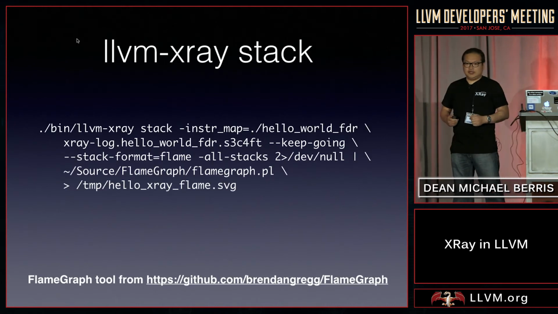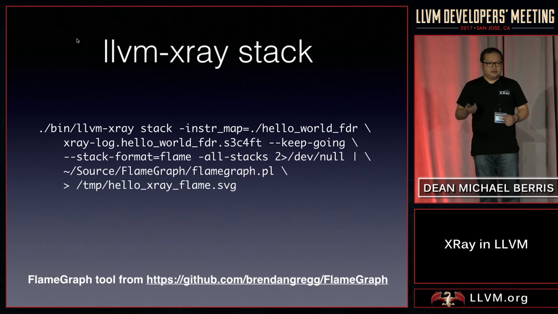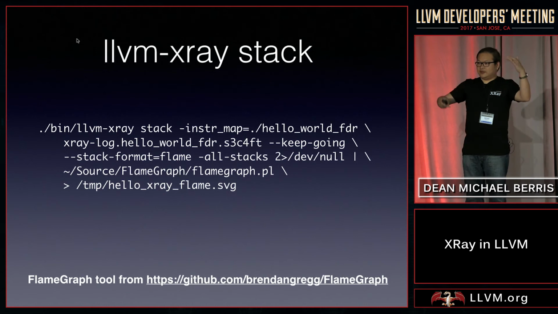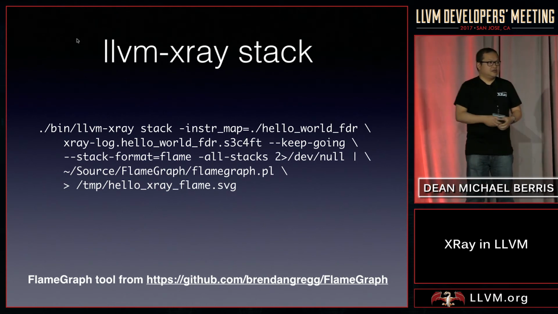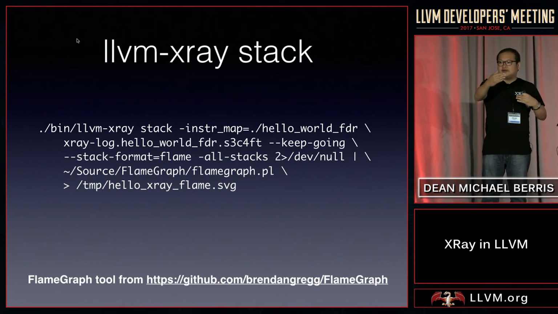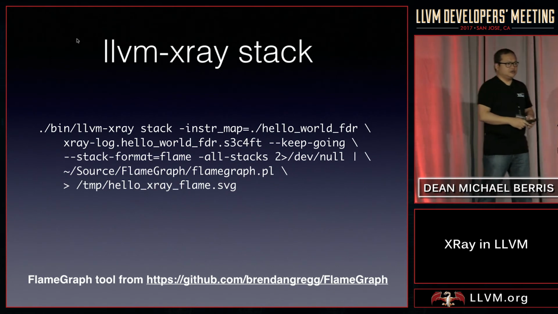Cool. So the other thing we can do is create pretty graphs. We have a tool called stack, which will do the accounting and figure out which stack was contributing the most time. If you imagine your program pushing things on the stack for function calls and then popping, you want to be able to figure out which stacks were contributing the most time.